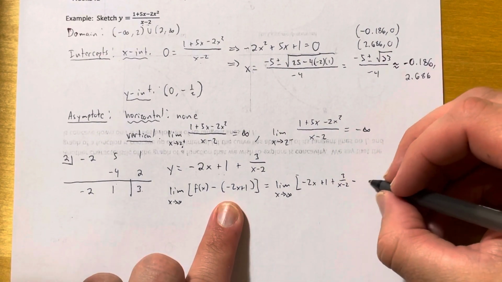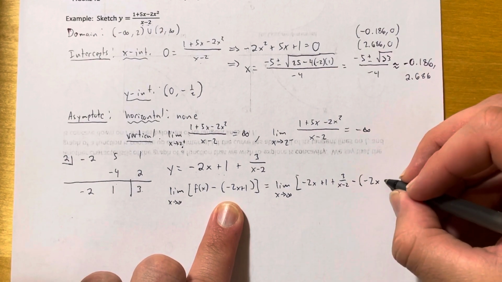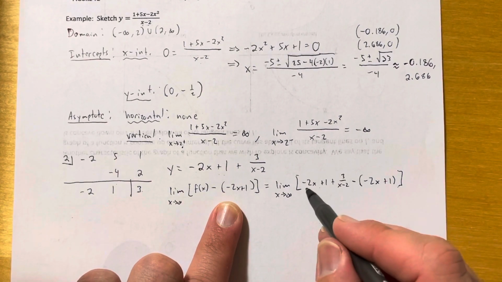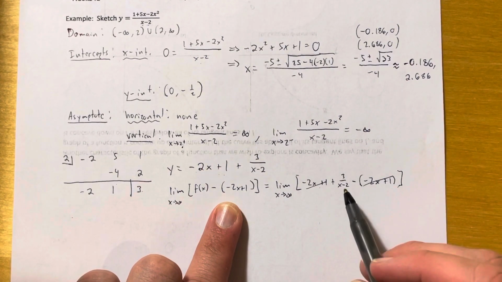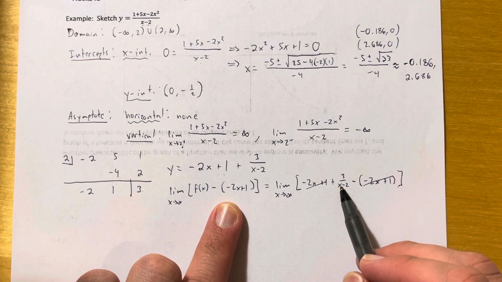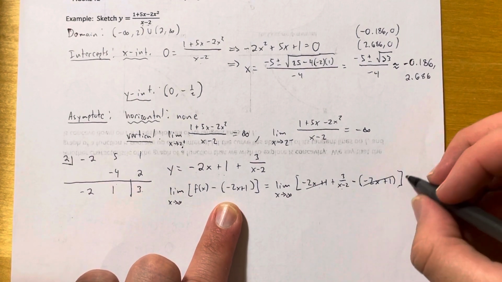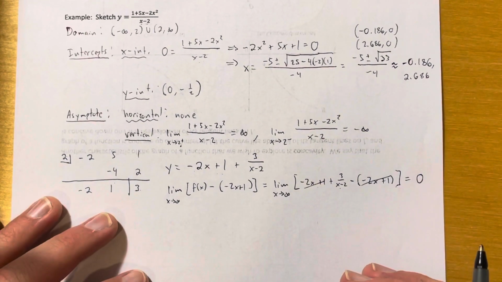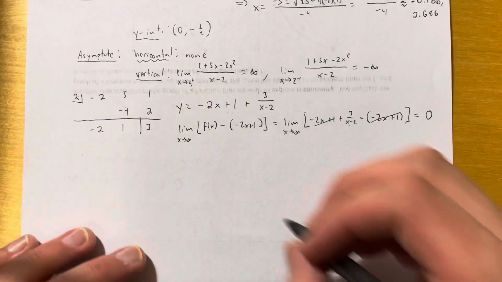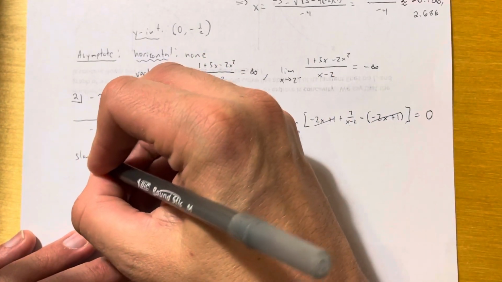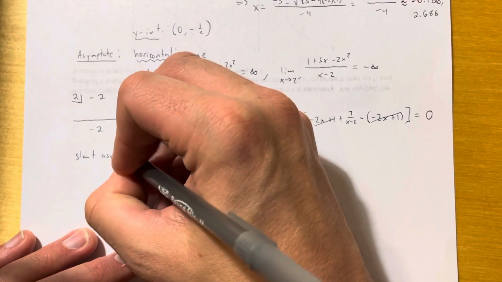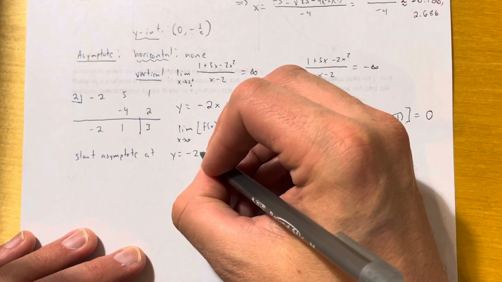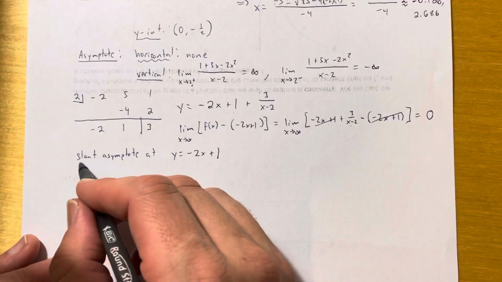Then I have minus -2x plus 1. Those cancel. And as x goes to infinity, my denominator gets very, very big, my numerator stays at 3, so this will go to 0, exactly like the definition of slant asymptote requires. So this means we have a slant asymptote at y equals -2x plus 1.